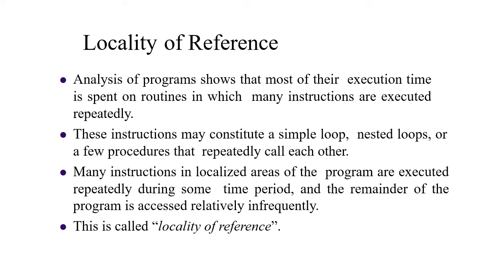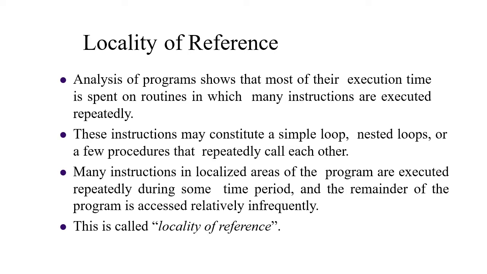In a program, you have one set of instructions that is repeatedly executed, and another set that is accessed less frequently by the processor. Together, this is called locality of reference.